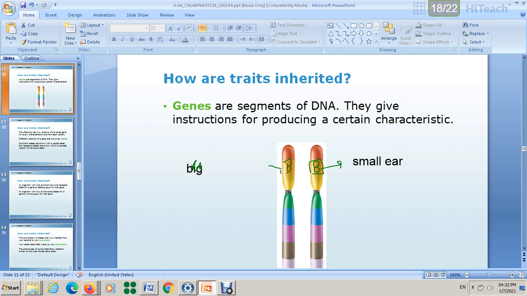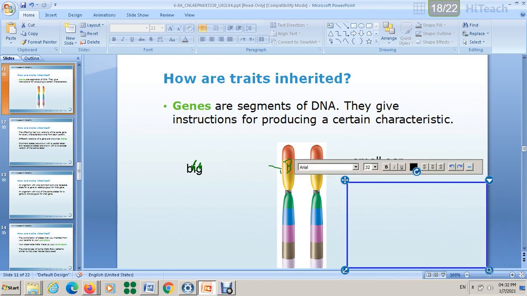One from mom and one from dad, this one is dominant. To make it easier for you, a capital letter represents what? It represents dominant. So if you receive from your mom B and from your dad B, what characteristic will you have? This one is going to be dominant.